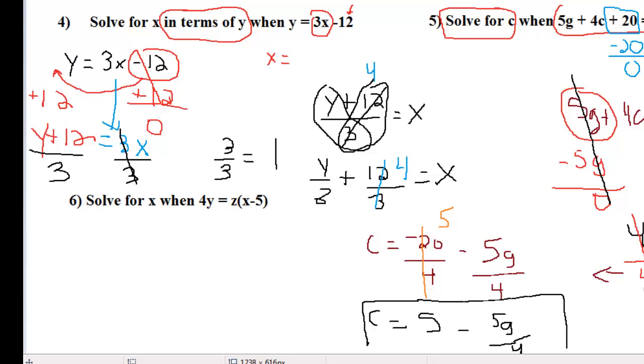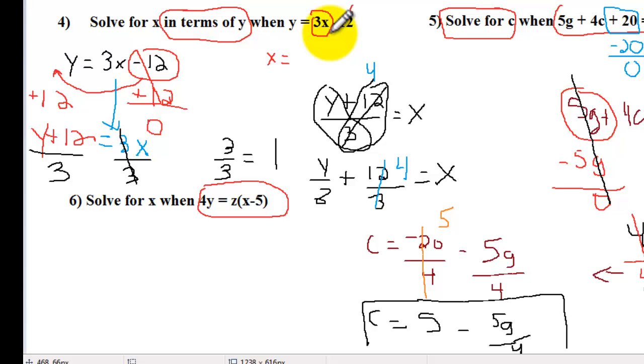Okay, so now we have 4y, and we've got an additional variable. They're saying solve for x, so it's the same as all the other situations. You're rearranging the equation. This one said solve for x. We rearranged so that we had our answer of x equals y plus 12 over 3.